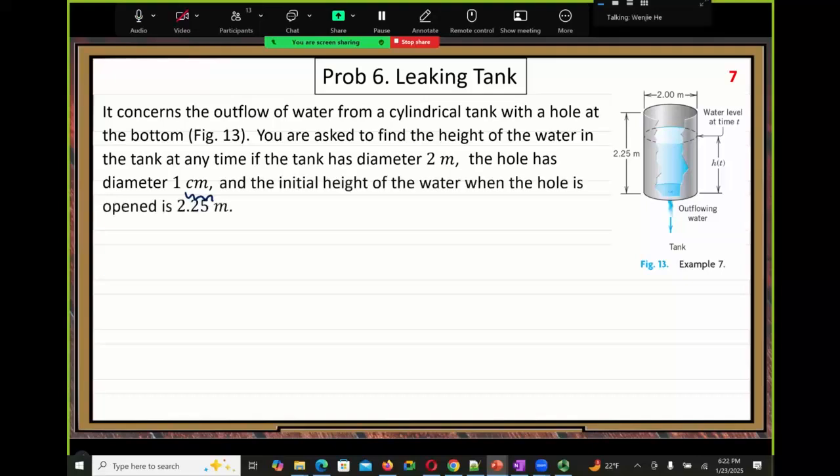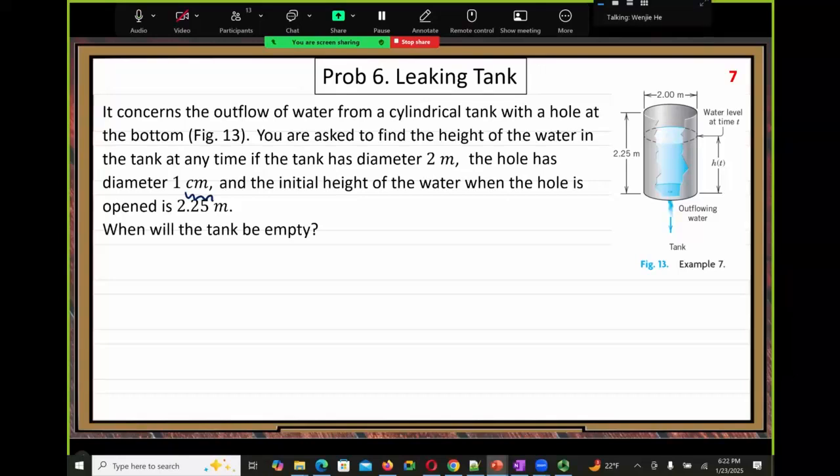So then, the initial height of the water when the hole is opened is 2.25 meters. All right. So now we want to look at the question. The question is, when will the tank be empty? You need to find the time.